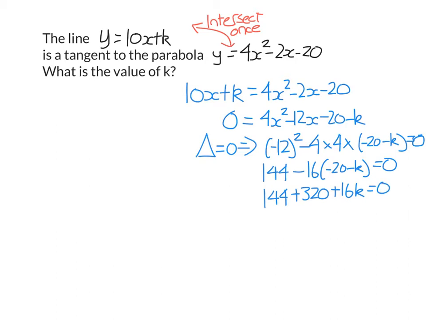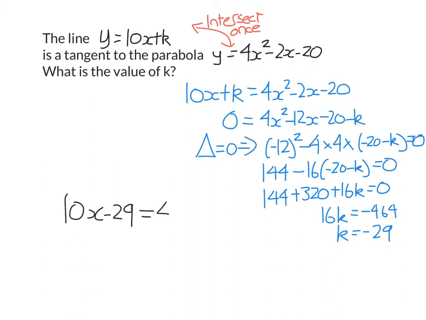To solve this equation, I'm going to subtract 320 and 144 from the left-hand side. I get 16k is minus 464. Divide each side by 16. You get k is minus 29. So that means that the line y equals 10x minus 29 hits this parabola once and only once.